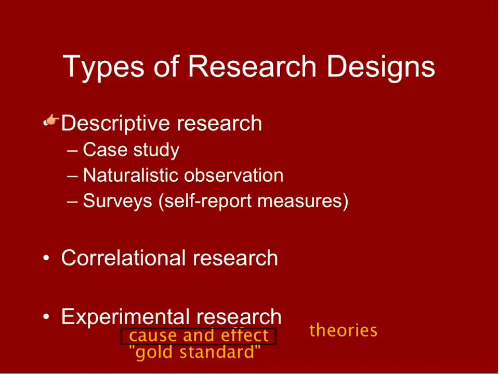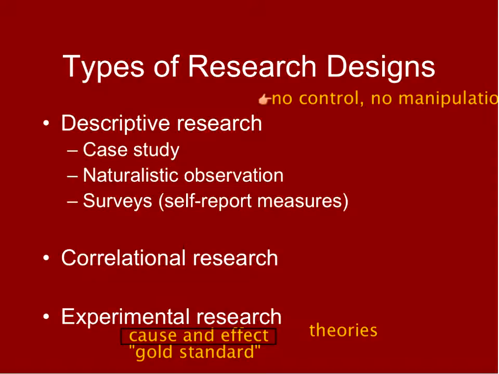So descriptive research, as the name would make you expect, is research where we just describe some phenomena. In descriptive research, the researcher doesn't control and doesn't manipulate the variables of interest. So in this situation, the researcher has no control and no manipulation of the variables.